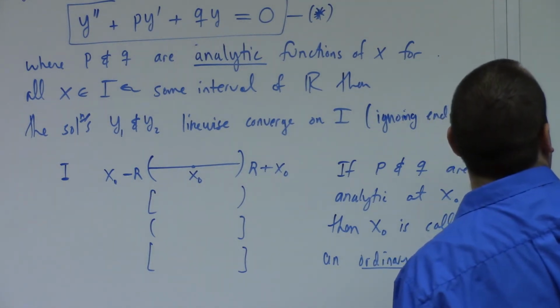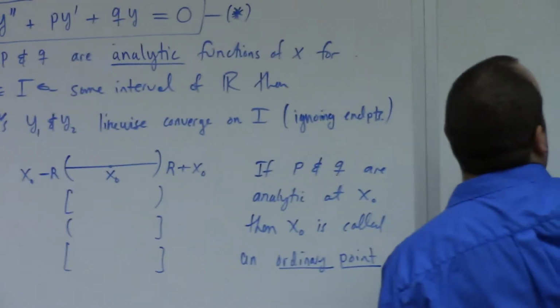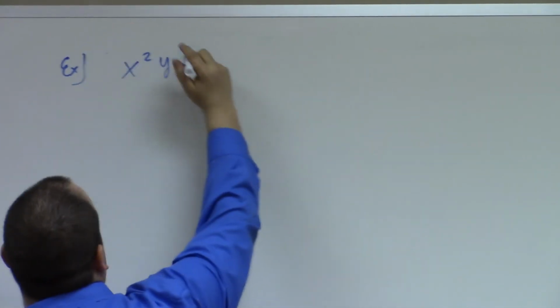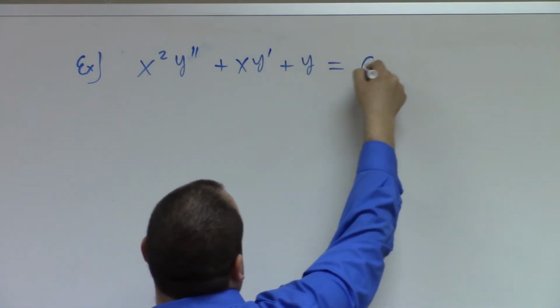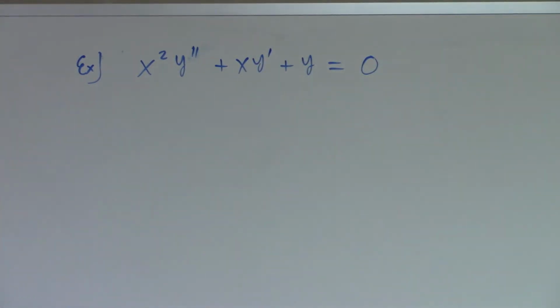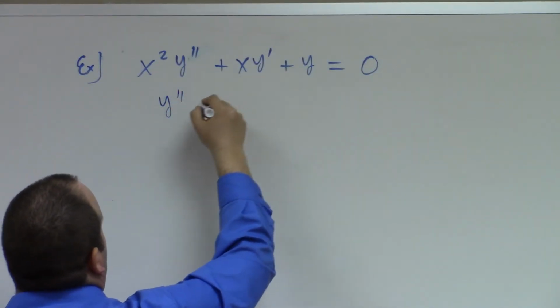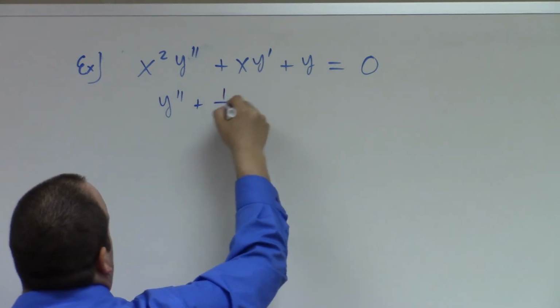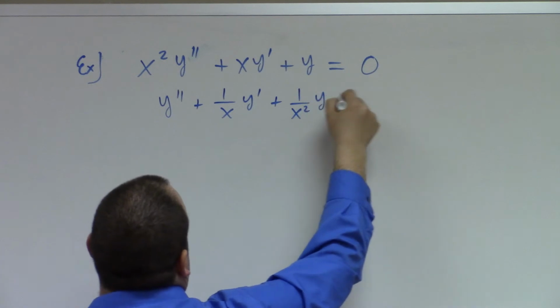How about this? x squared y prime prime plus xy prime plus y equals 0 as an example. Now that's not in the right format yet, right? To make it in the star format, what do I have to do? Divide by x squared, right? So this is y prime prime plus 1 over x y prime plus 1 over x squared y.